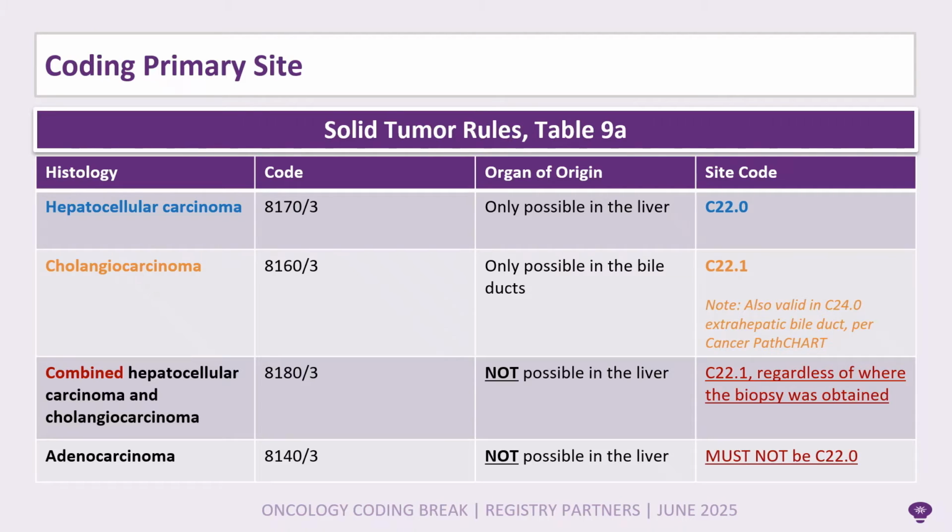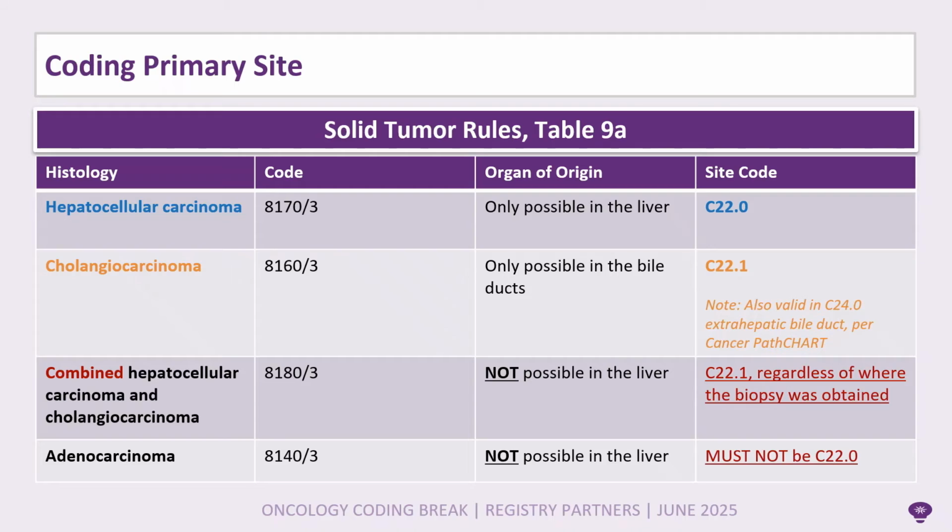Combined hepatocellular carcinoma and cholangiocarcinoma is coded to 8180/3. And it is not possible in the liver. So this should be coded to C22.1, intrahepatic bile ducts, regardless of where the biopsy was obtained. And this information is all in the solid tumor rules in table 9A.